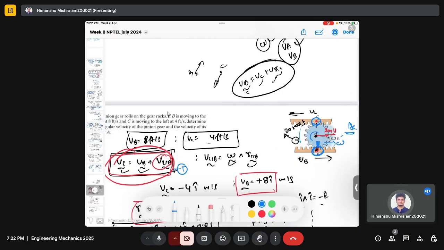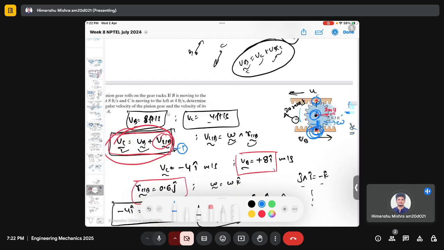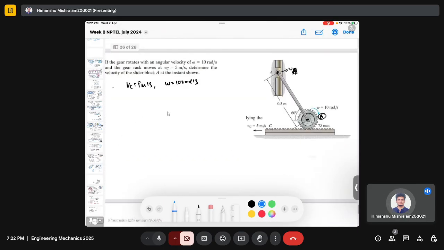Then we use the same equation between point A and point B to find the velocity at point A. So it is a similar one: we use it between C and B, and then B and A. So between C and B we have Vb equals Vc plus velocity of B relative to C, and this can be given by omega cross r with respect to C, which is this radius.